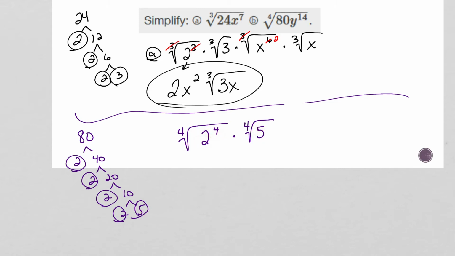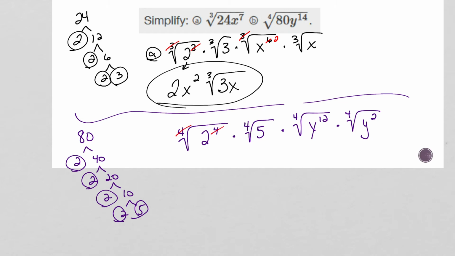I've got that 5 right there. I'm also doing times the fourth root of y to the 12th. Now, why would I choose 12? Well, because 12 is the biggest number that 4 will go into. It won't go into 13, it won't go into 14, okay? And so the fourth root of y squared would be left over. Remember, this plus this have to add up to that number right there, okay? All right, so now I can take the fourth root of that and that.